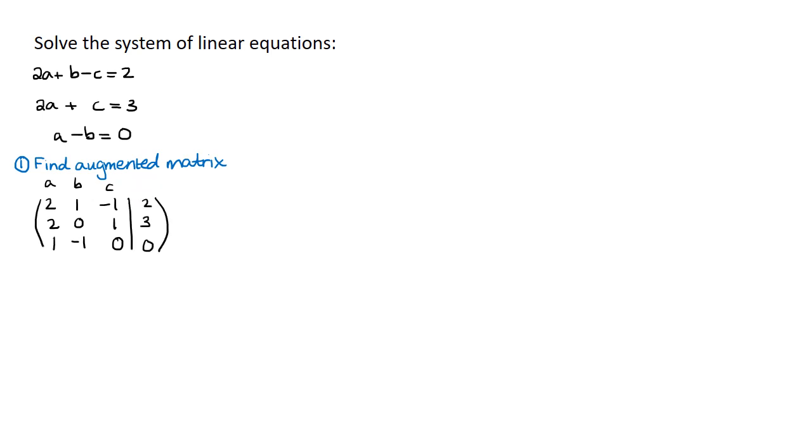Now that we have an augmented matrix, we're going to row reduce to put it in reduced row echelon form. If you look at this, we see that our leading entry is 2 for this first row where we start.